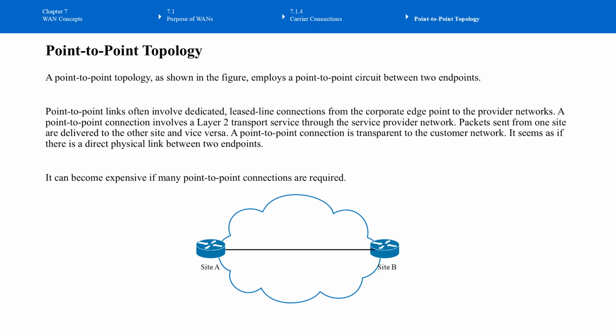Packets sent from one site are delivered to the other site, and vice versa. A point-to-point connection is transparent to the customer network. It seems as if there is a direct physical link between the two endpoints. The figure here shows site A and site B connected directly. It can be very expensive if many point-to-point connections are required.